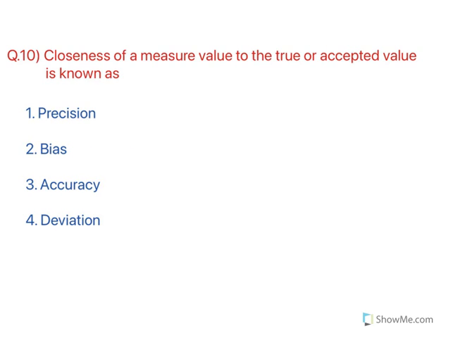Next one. Closeness of a measured value to the true or accepted value is known as. So this is a general word in analysis. You do an experiment, if the experiment result comes very close to the standard value, it is called accuracy.